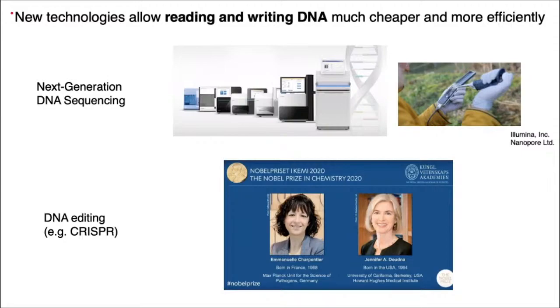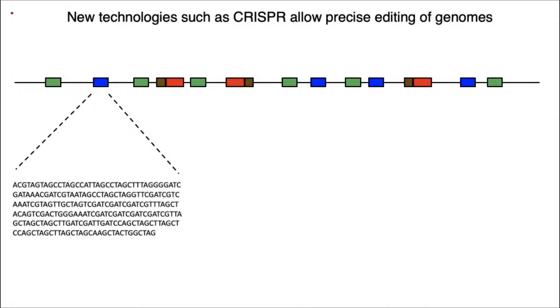And the other one is our ability to rewrite DNA with, for example, CRISPR. You might have seen that in the news. The researchers that developed this system won the Nobel Prize in Chemistry in 2020. It basically allows us to do precise editing of genomes.